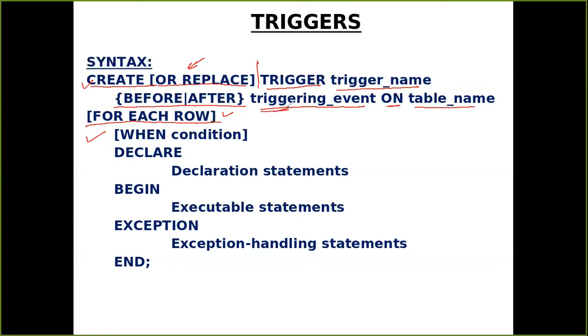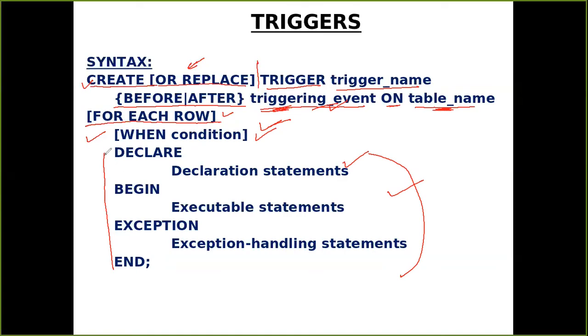This is the event, this is the table, and this is the action. So this is the condition: event, condition, action. If some event occurs and some condition is met, only then the action will be performed. This part is the same as that of a procedure or any function or any PL/SQL block.